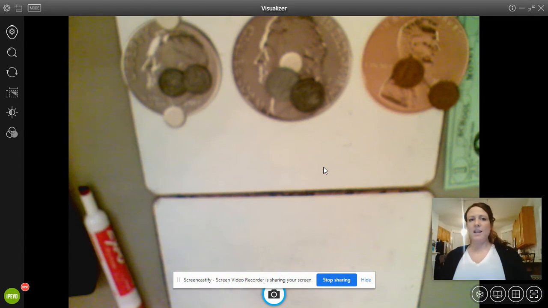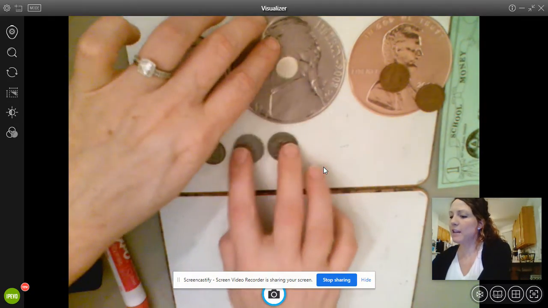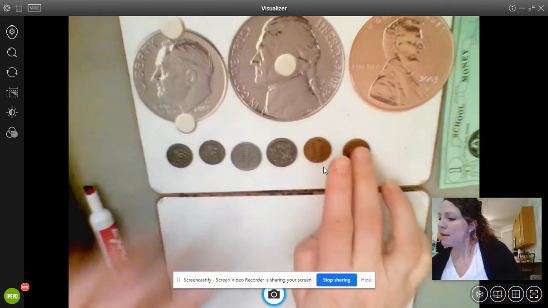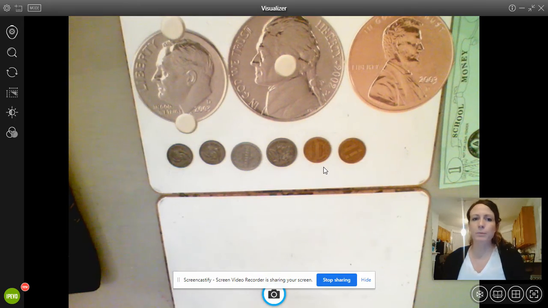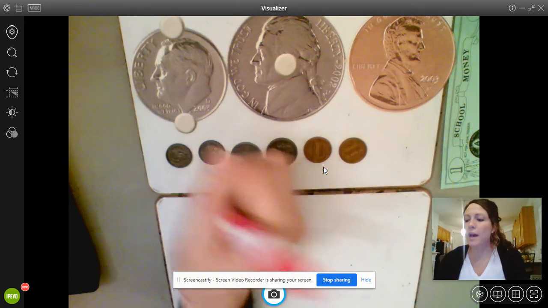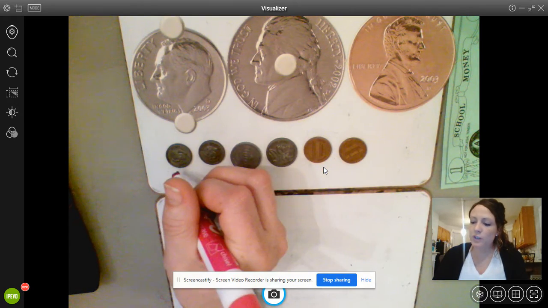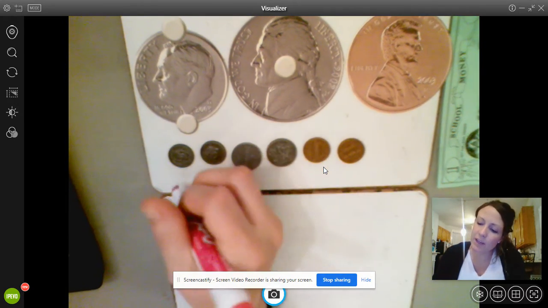So let's start by putting them back down here in a line according to their group. And I'm going to use my marker to mark how much each is worth. So this first one is 10 cents, so I can write 10.